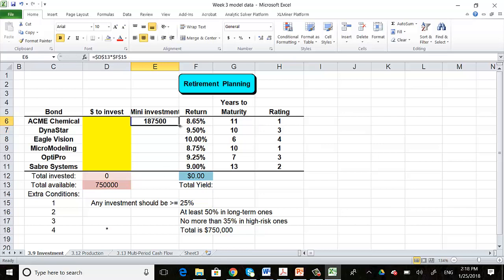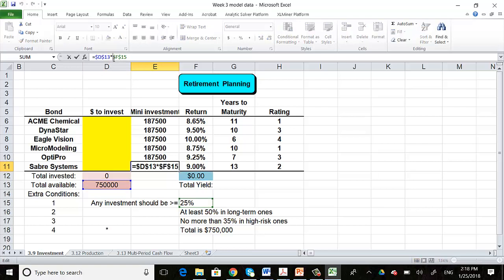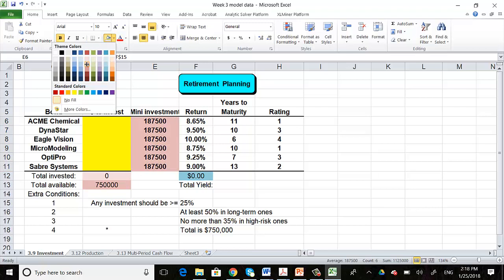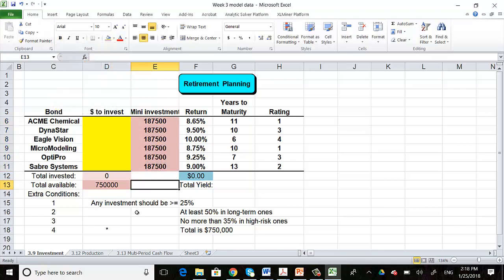Okay, then copy it. Just by looking at the value, we can tell it's copied correctly, so I don't need to go click on it. Okay, so it is the right one. So that's our minimum investment. That's the right hand side. I'll shade this. Okay, so this one is done.